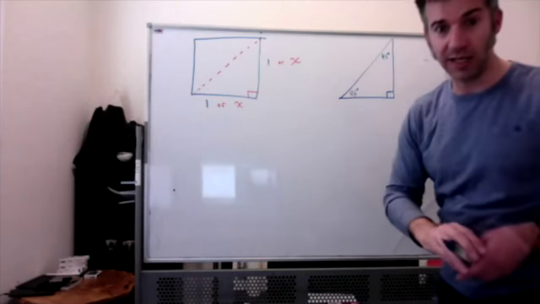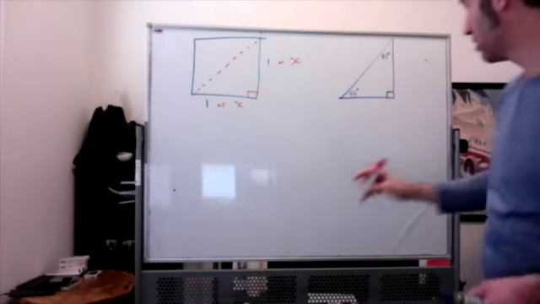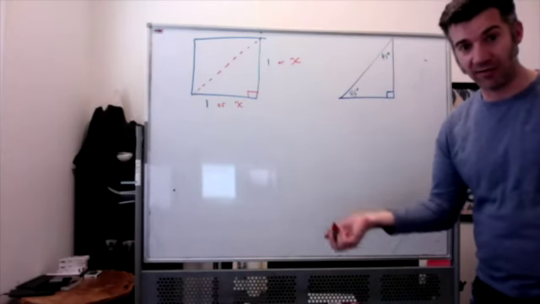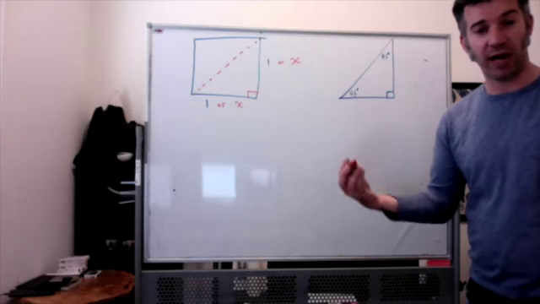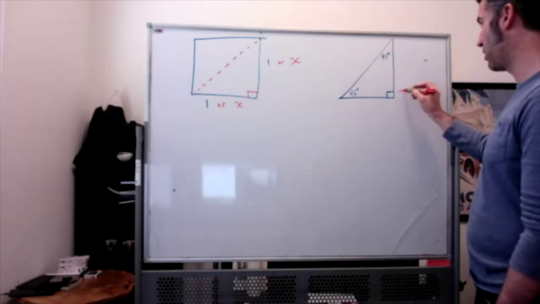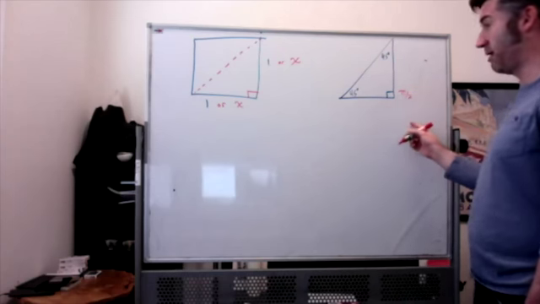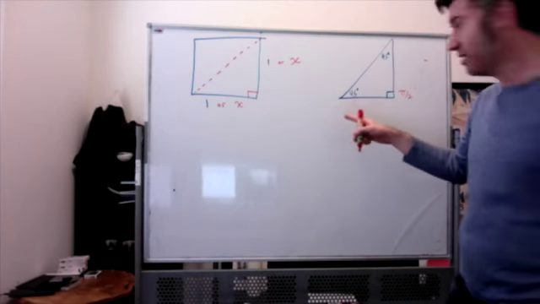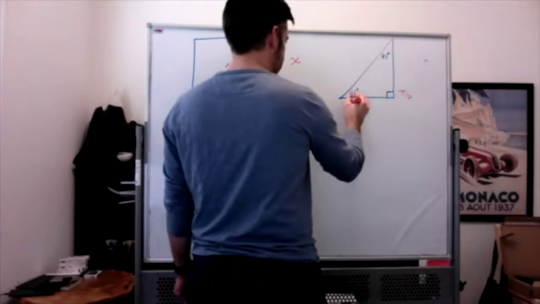Or if you prefer, in radians, 90 degrees is half of 180 degrees, but 180 degrees is equal to pi radians. So 90 degrees is pi over 2 radians. And then half of 90 degrees is 45 degrees, so 45 degrees is pi over 4 radians.